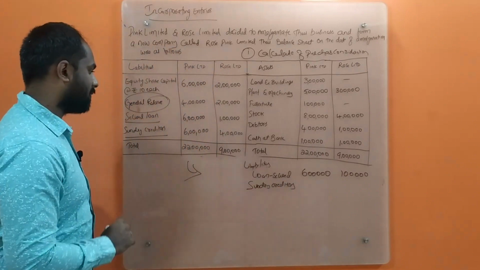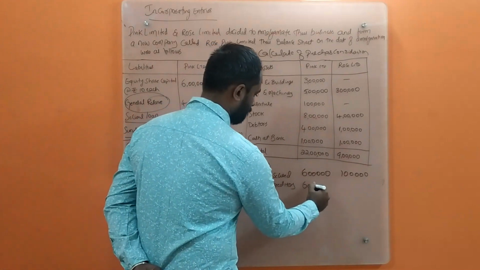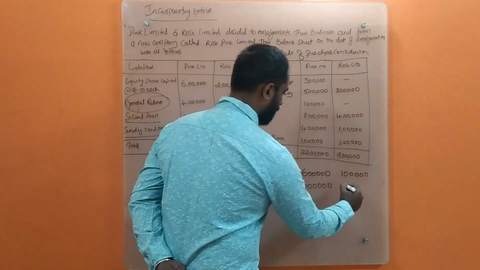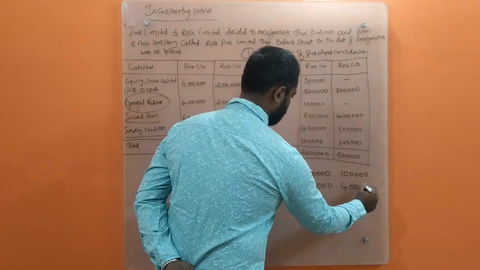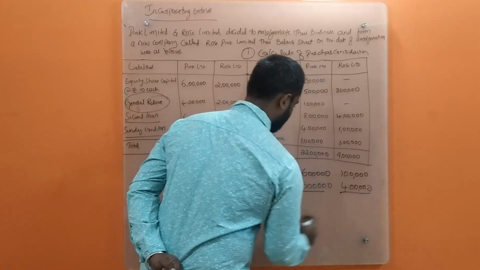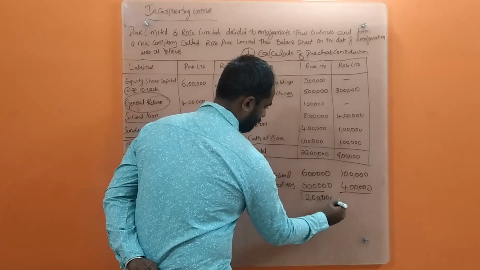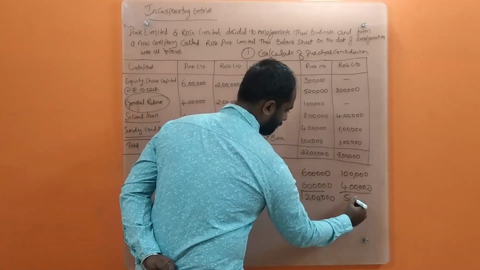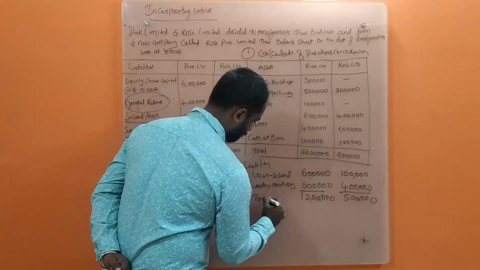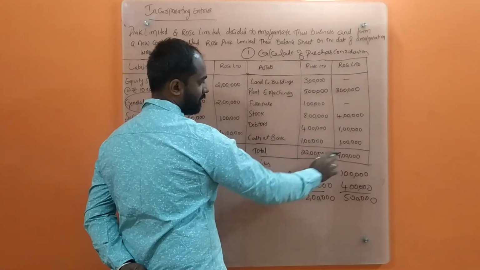Pink Limited has 6 lakh, and sundry creditors for Rose Limited I have 4 lakh. Put together, 6 plus 6, 12 lakhs, and 4 plus 1, 5 lakh. Total of liabilities of Pink Limited is 12 lakh and Rose Limited is 5 lakh. So total of asset of Pink Limited is 22 lakh, and total of Rose Limited is 9 lakh.